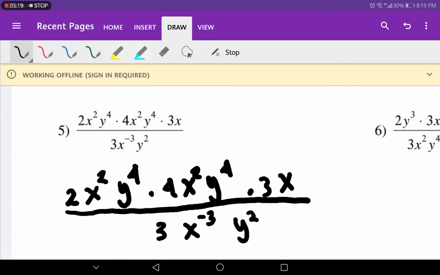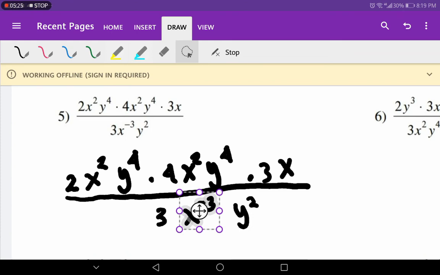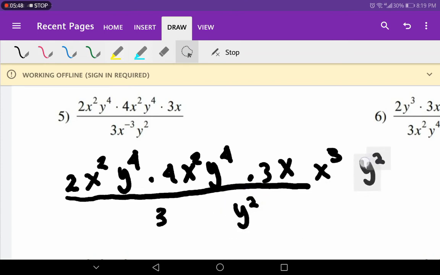The first step, my dear student: I take the x with power negative 3 up. All the letters or variables, I raise them up, but under one condition, change the sign of the power. The negative will be positive, okay? So this will be 3 instead of negative 3. And also the y with power 2, I put it here, and it will be negative 2.